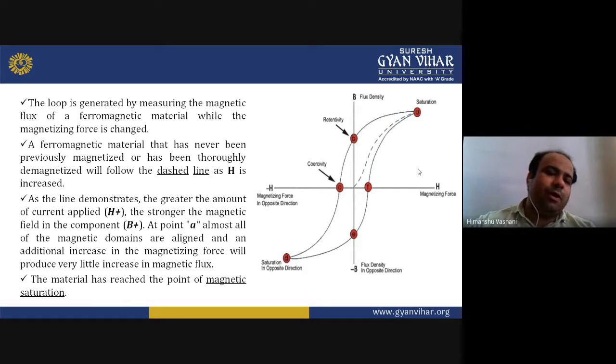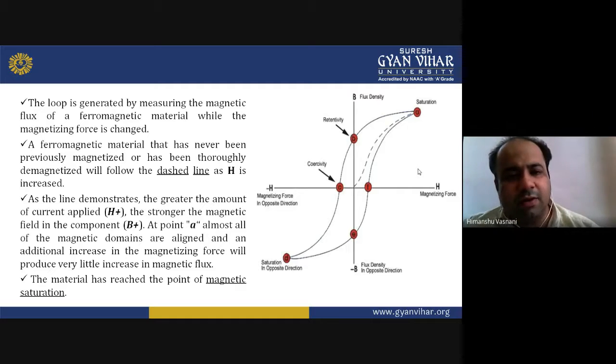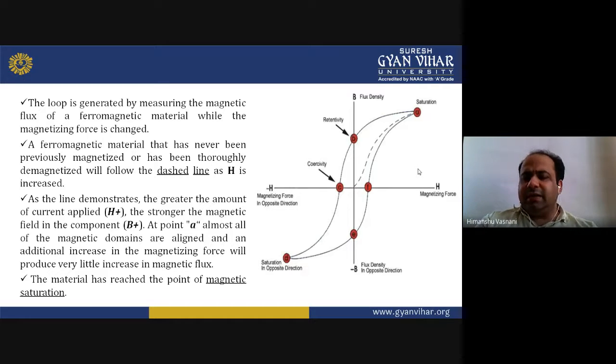They say that at point A you have reached a point where all the magnetic domains are aligned, and an additional increase in the magnetizing force, that is the value of H, will produce very little increase in the magnetic flux, that is the value of B. Now the material has reached the point of magnetic saturation, that is, all its magnetic domains are aligned.